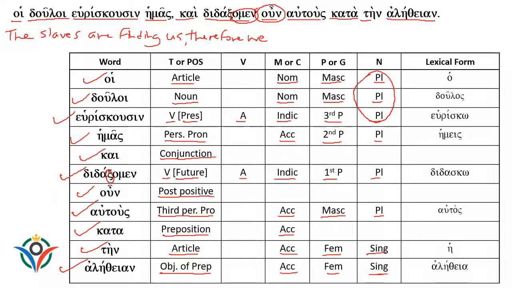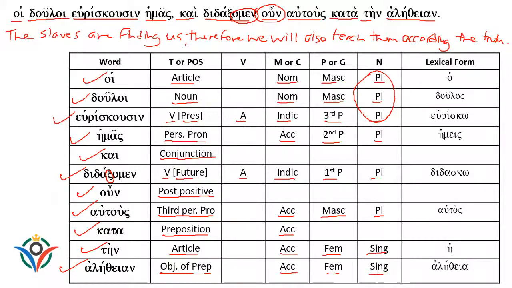Therefore, we will, because it's future, also, all right, so that's how I'm going to translate kai here as also. Therefore, we will also do what? Teach, autous, them, kata, according to, tēn alētheian, the truth.